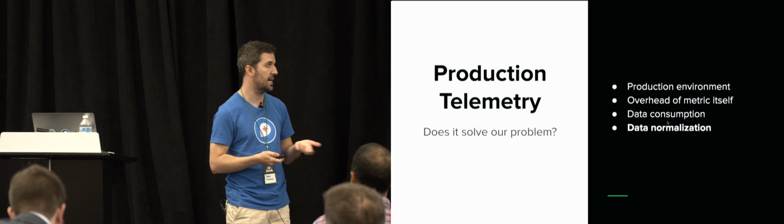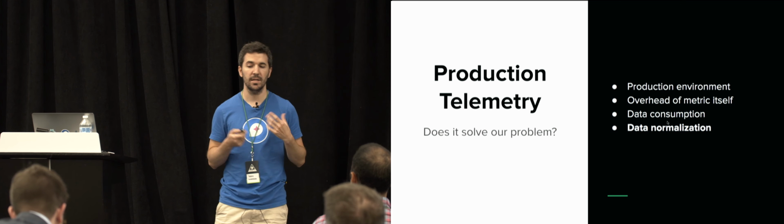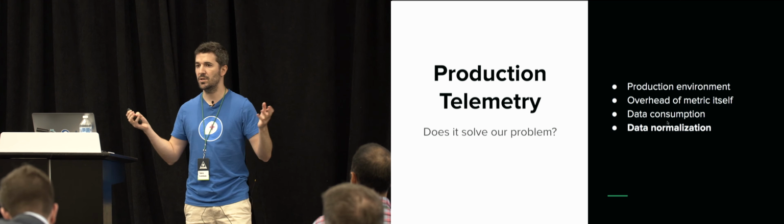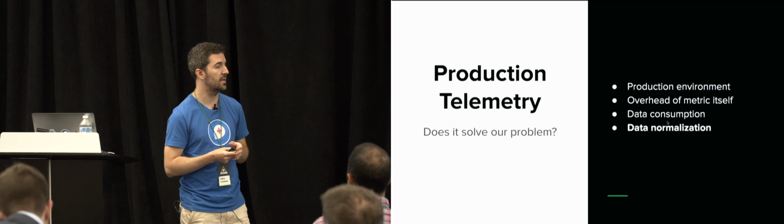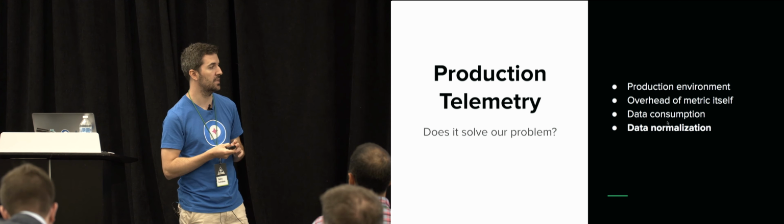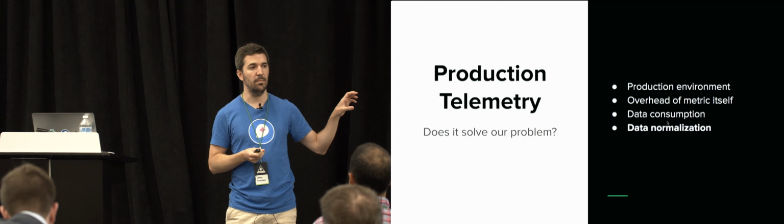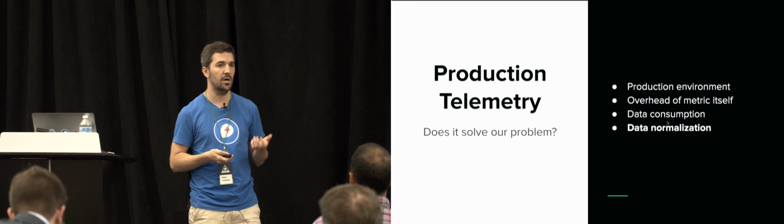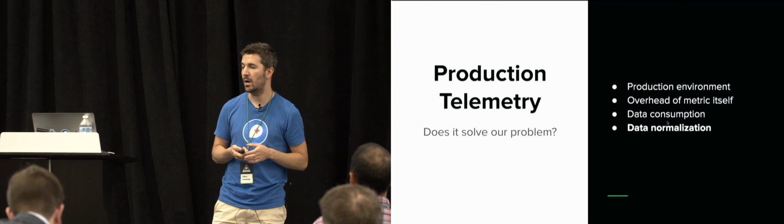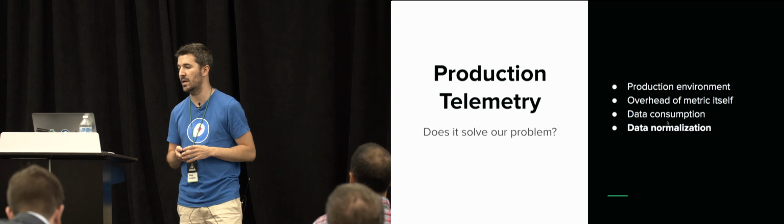And then data normalization, in the sense that as you are getting different data from different devices and different operating systems, you need to get some amount of data in order to get meaningful statistical insights.